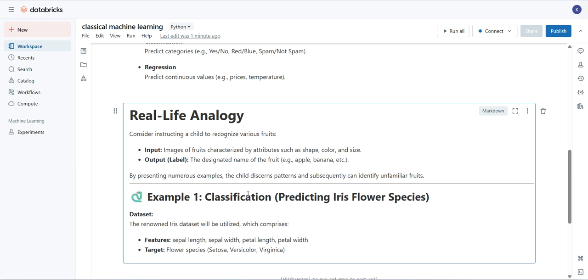Now I am giving one classification example: predict the iris flower species. The iris dataset will be utilized, which comprises the features sepal length, sepal width, petal length, and petal width. The target is the flower species: Setosa, Versicolor, Virginica.